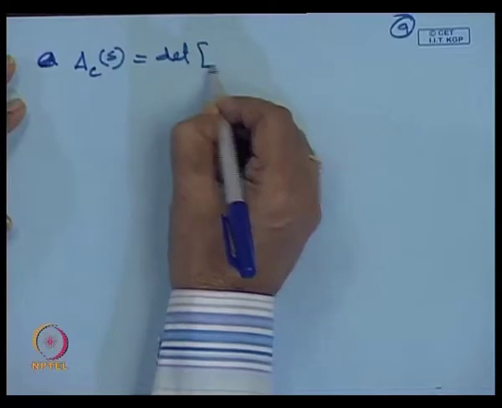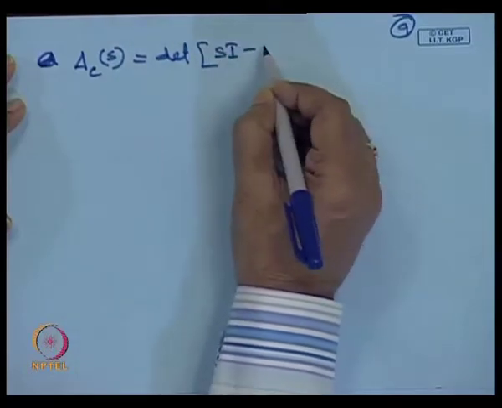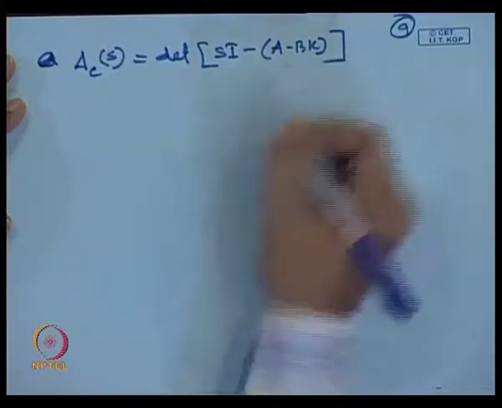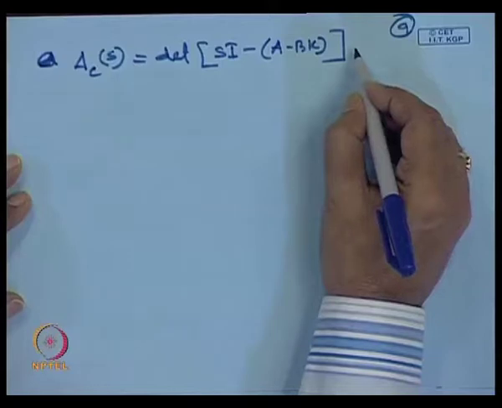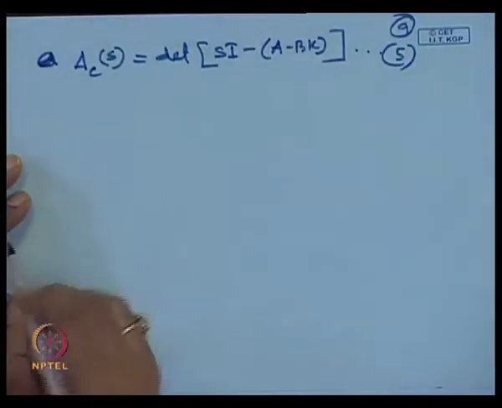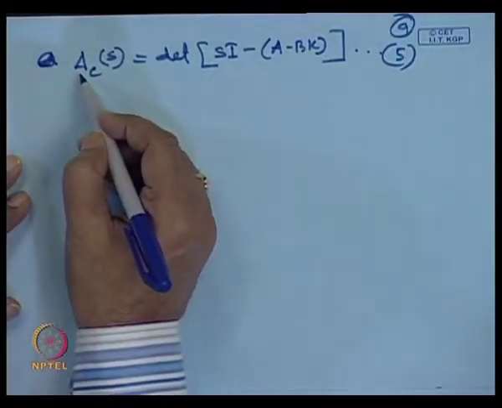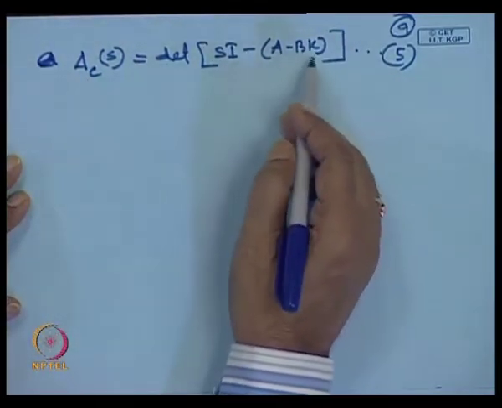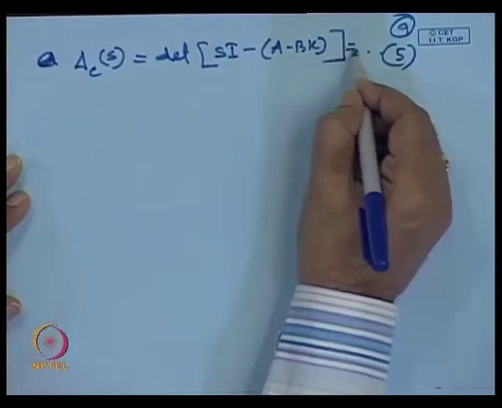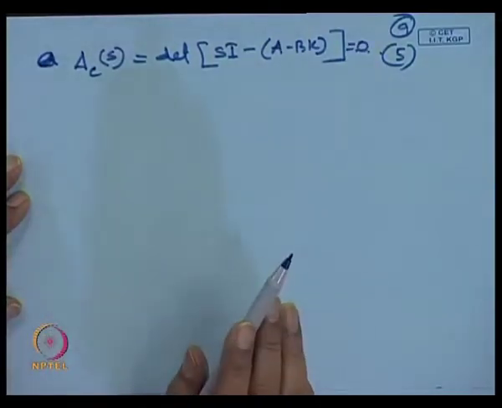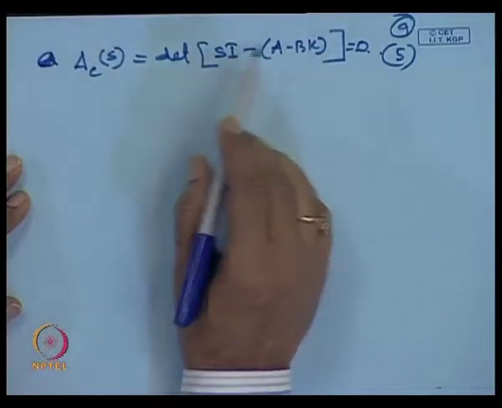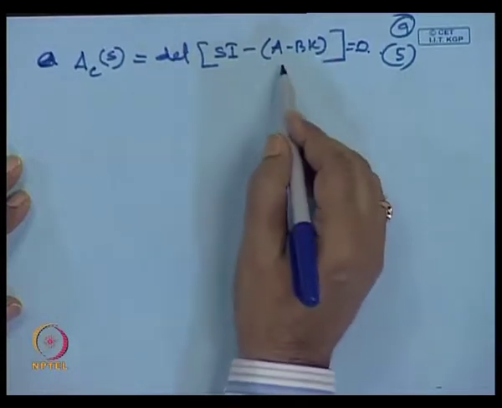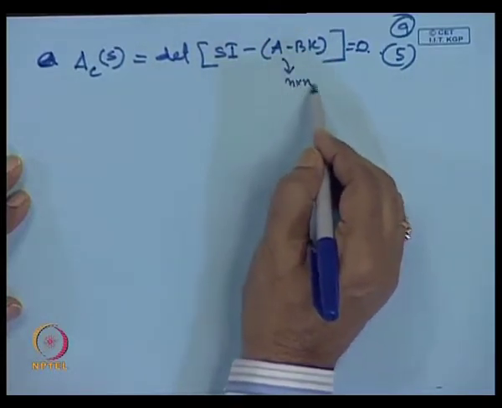Determinant of s I minus the closed loop system matrix A minus B k. Let us call this equation number 5. If you take the determinant of this, you will get a polynomial in s of order n equal to 0. This is the characteristic equation, because the dimension of this matrix is n cross n.